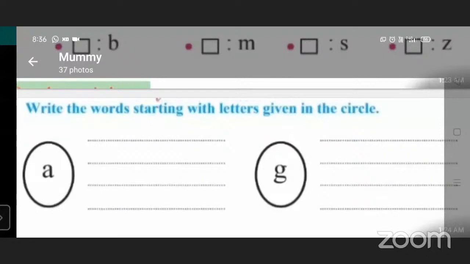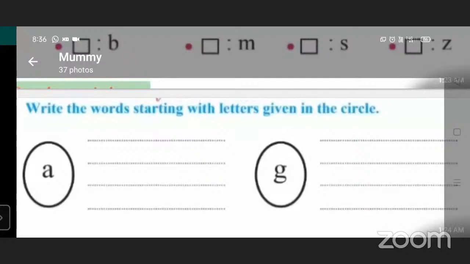Okay, next. One more word. G for game. Yes. Game, girl, grapes. Very good. Giraffe, gun. Okay, students. Now you write in your homework.